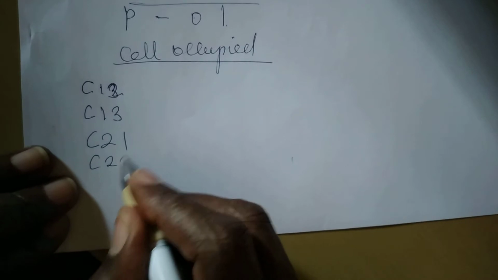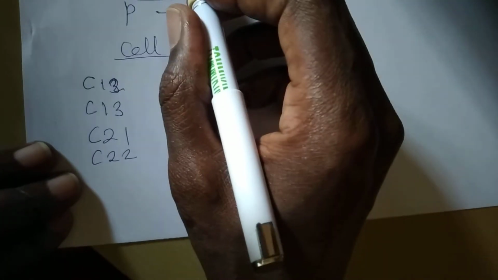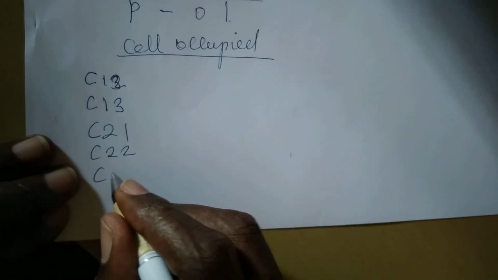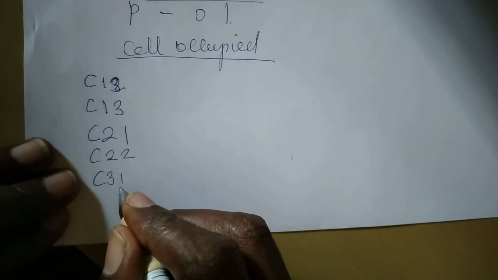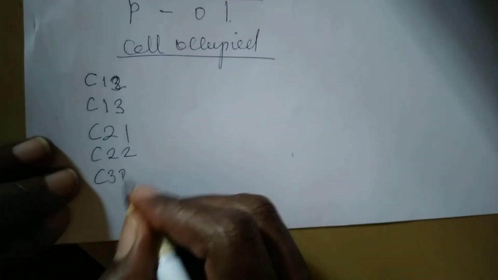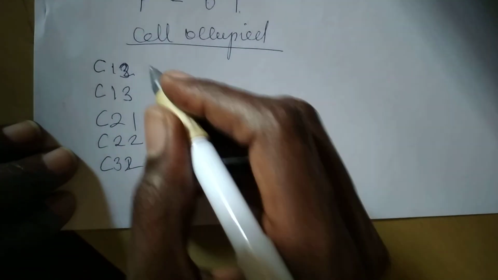Then the next one is C21, and then C22, which is this, and then C31. No, C32. So these are the cells which are occupied.